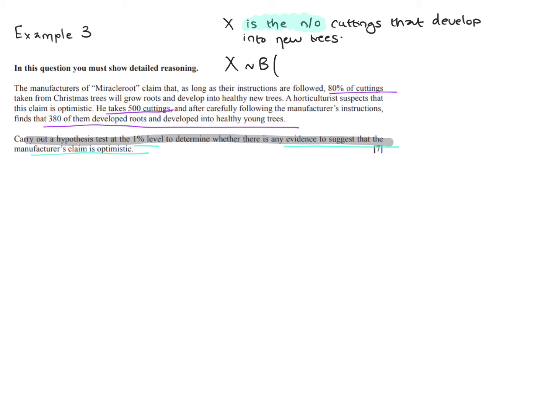It's binomial, n is 500 and p is originally said to be 0.8, although the horticulturist disagrees with this or has a different opinion here. Now, let's set up our hypotheses next. So H0 is going to be the status quo, P equals 0.8. Remember, 80% of cuttings is the claim that will grow roots. H1, now let's try and translate the belief here for the alternative hypothesis.